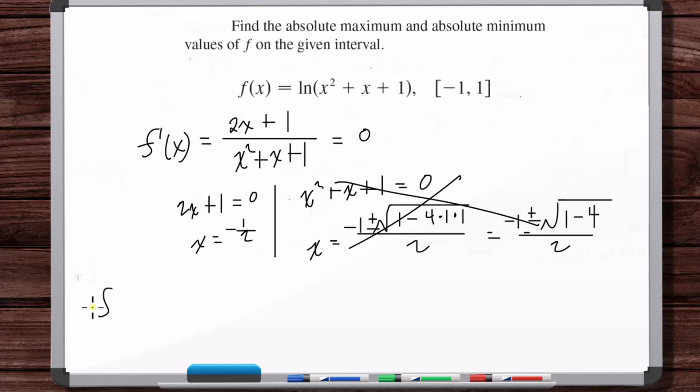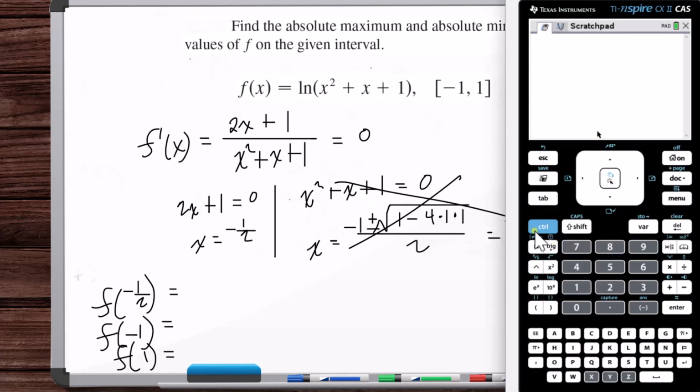So f of minus 1/2, f of minus 1, f of 1 is what? We've got natural log of x squared plus x plus 1, we'll store that as e.